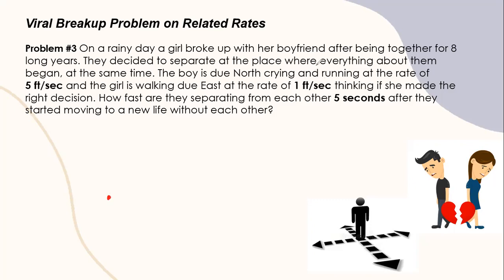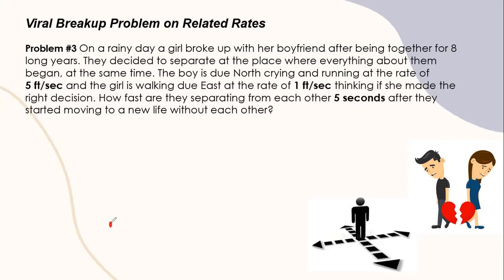So dito sa point na to, nagsimula yung girl and yung kanyang boyfriend. Okay, so for example, we have their point. Yan yung point kung saan sila, ayan, nag-uusap pa lang.